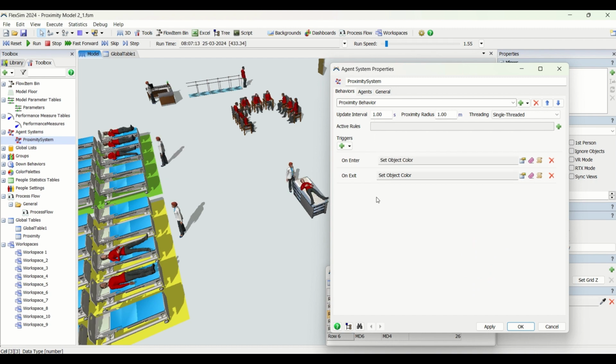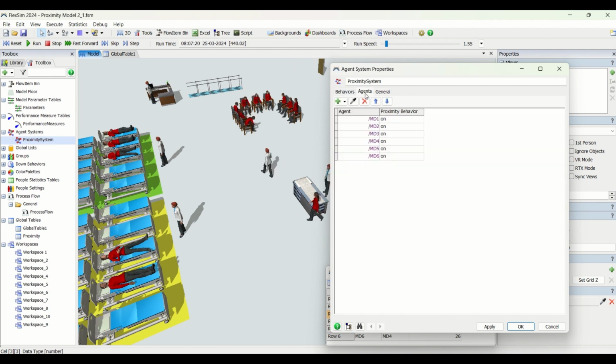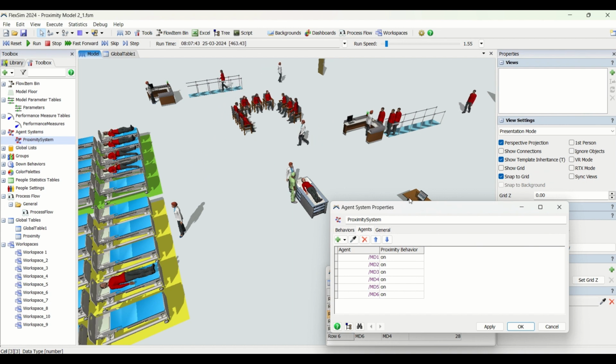This is a very great thing if you were to analyze the proximity in the play. When you go to the agents, okay, this is where we need to place the agents, or the entities which are going to be tested for proximity. So in this healthcare system model, I have selected healthcare staff except my doctor.